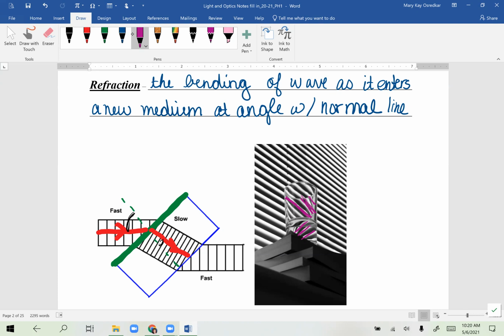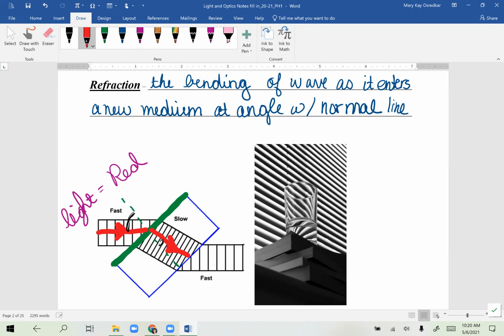Question. Wait, so the dashed green line is the light? The dashed green line is the normal, the light is the red. Okay. Does that help? Okay, the light is red because that's where the little arrows are coming from.